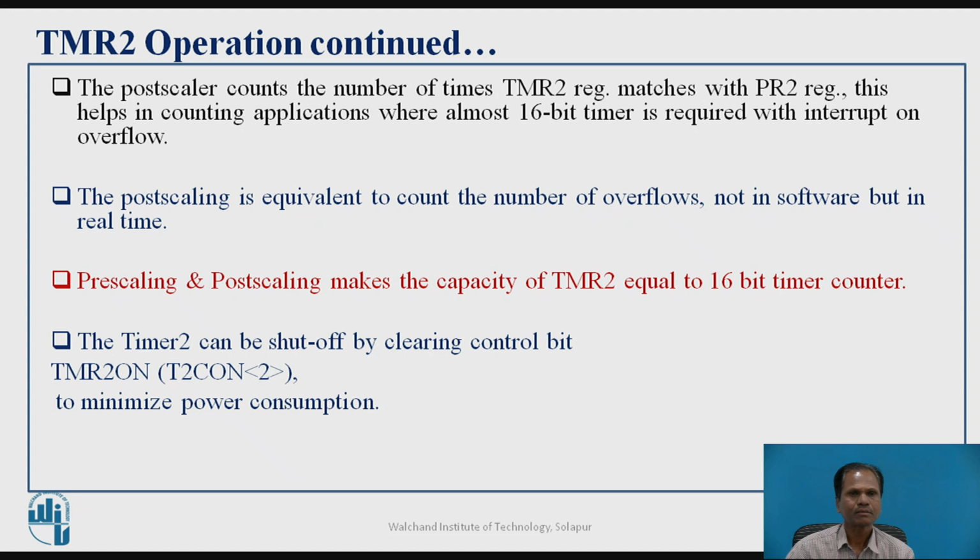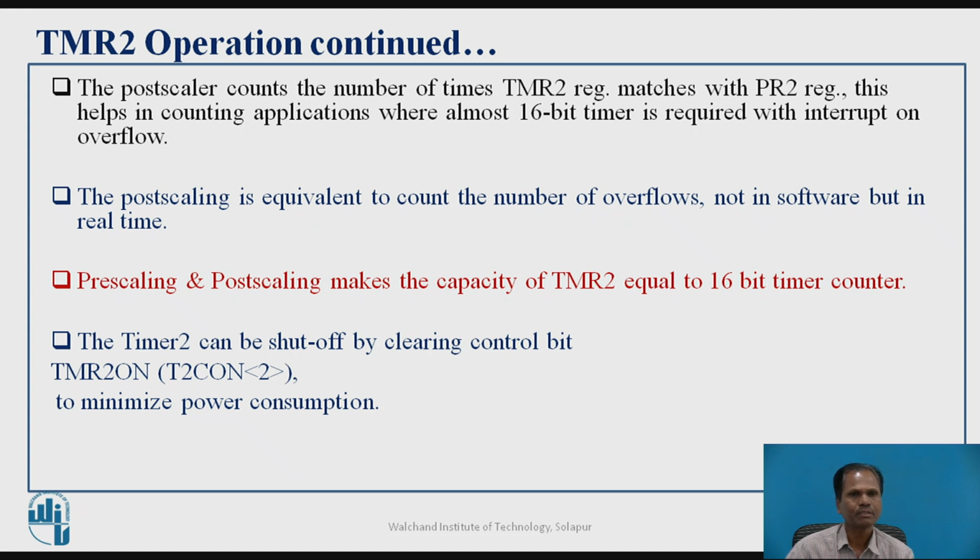The postscaler counts the number of times the TMR2 register matches with period register PR2. So this helps in counting applications where almost a 16-bit timer is required with interrupt on overflow.